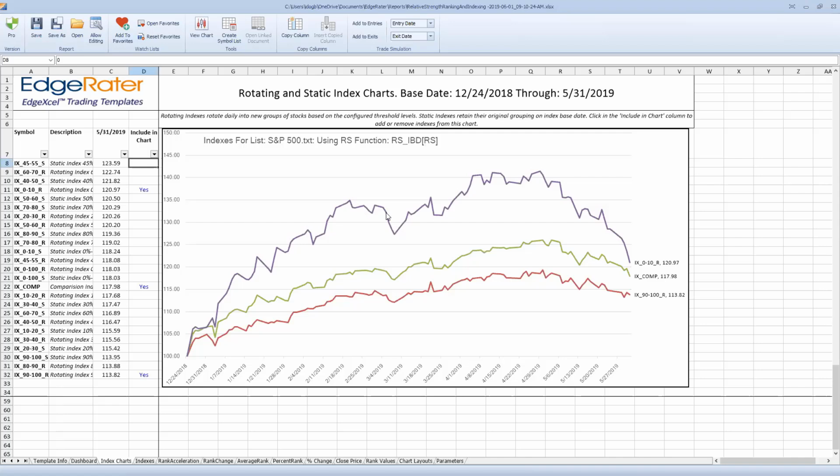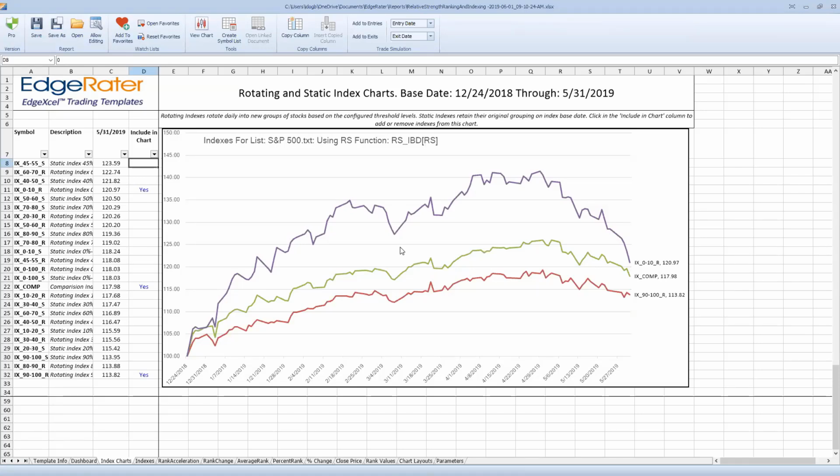But running it on the S&P 500, actually, it would have been better to always rotate into the 0 to 10 group. Now, there's a lot of stocks in the 0 to 10 group. We're dealing with 500 in the S&P 500, and so a 0 to 10% is going to be 10% of that index. It's actually going to be 50 stocks.